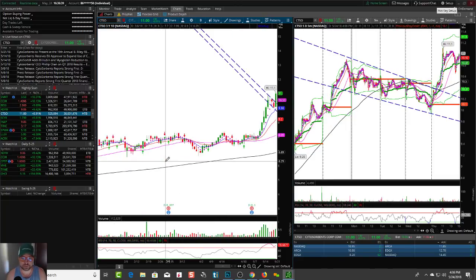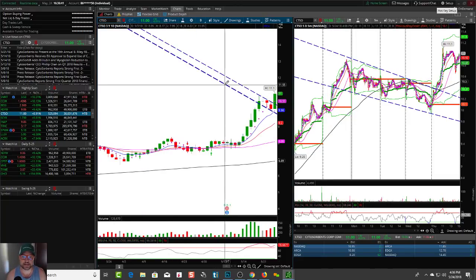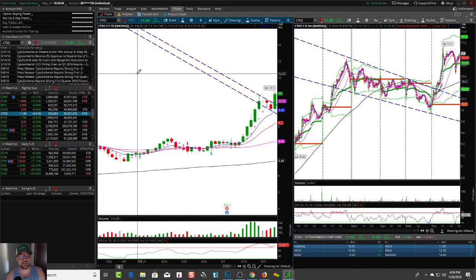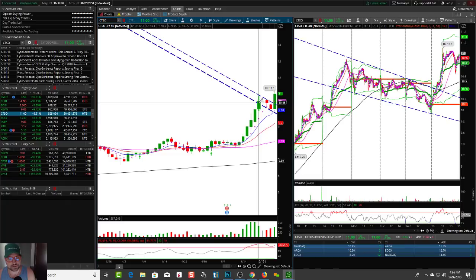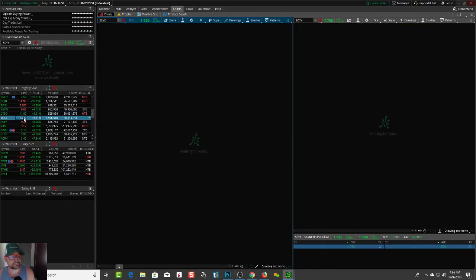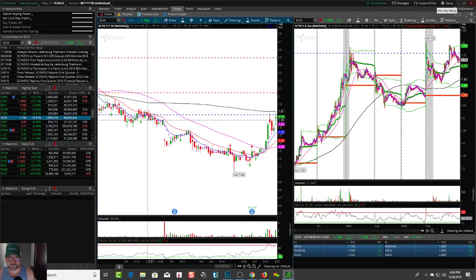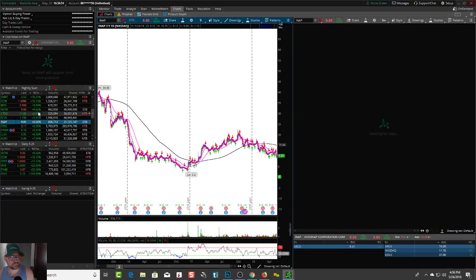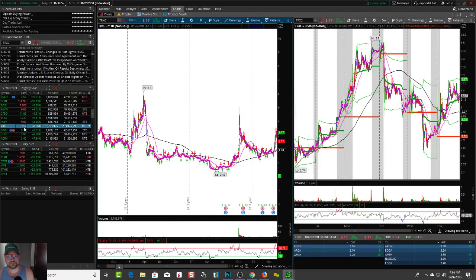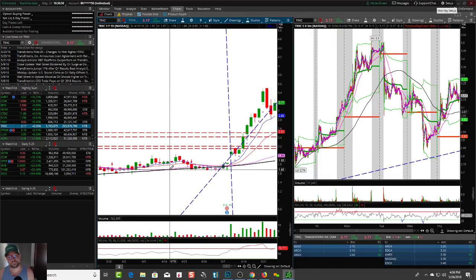Do I want to use it? It's a little bit overextended for me right now, so I don't know if I'm going to put it on. It could continue up further, or it could pull back again and continue, but ideally you want to catch it like this. Don't like it.